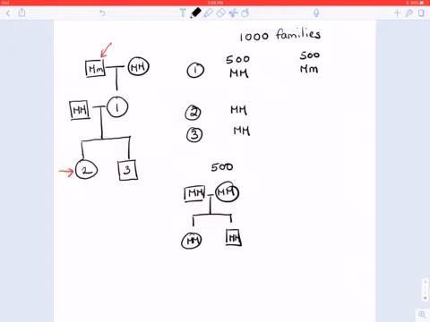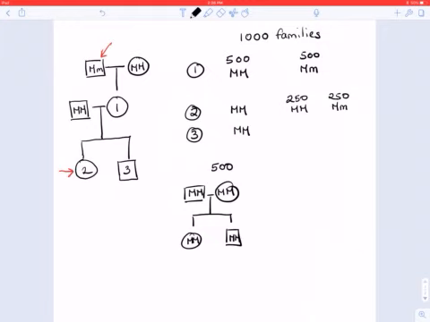Now, if individual 1 happens to be capital M, small m, then she's going to have a 50-50 chance of having a kid who's capital M, capital M, or capital M, small m. So 250 times her first kid is going to be capital M, capital M, and 250 times her first kid's going to be capital M, small m.